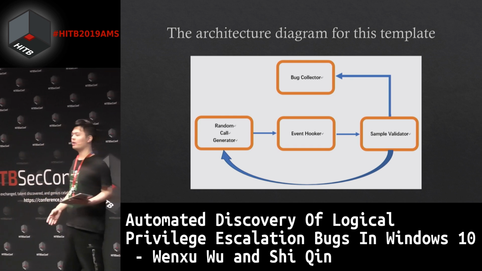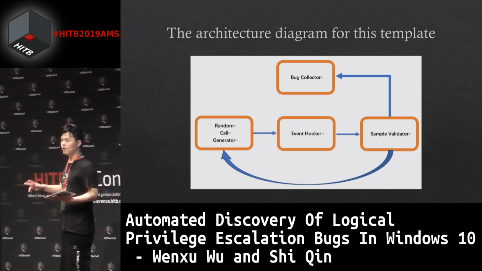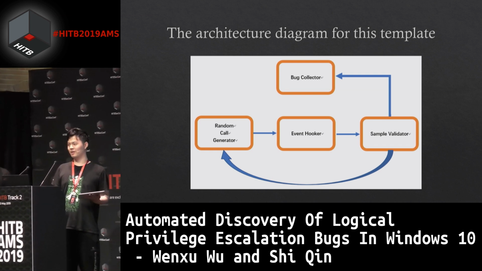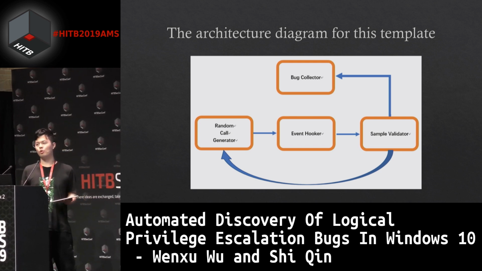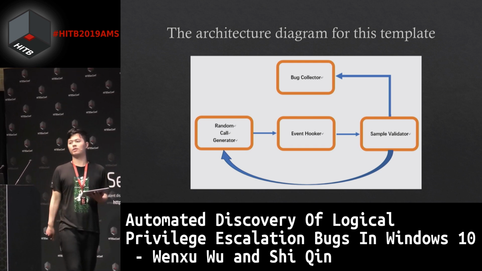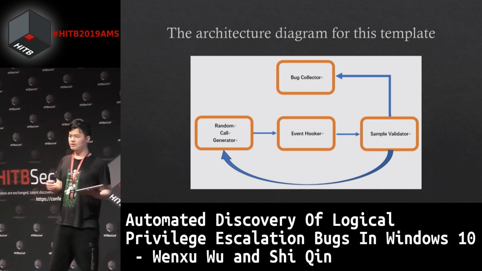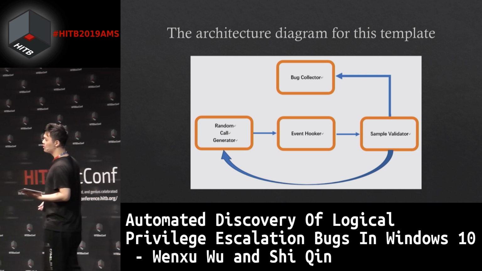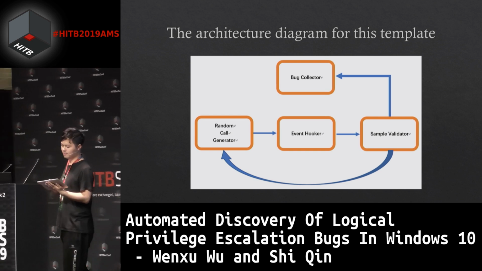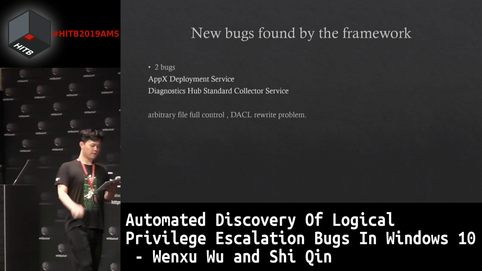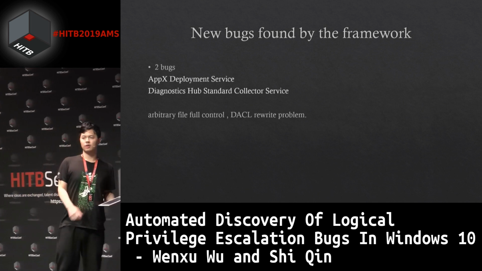You guys may ask me, oh, it is so simple, does it really work? You are just kidding me. But actually, we used this framework to catch 4 bugs in just 2 weeks. But 2 bugs are still being fixed by Microsoft. So today we will talk about 2 of them, 2 new bugs found by this framework.